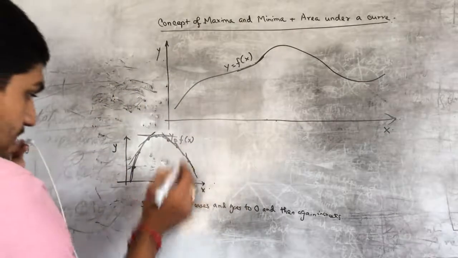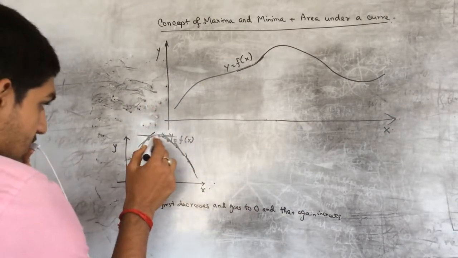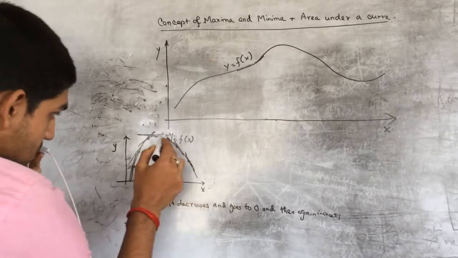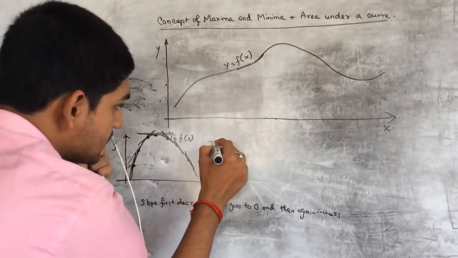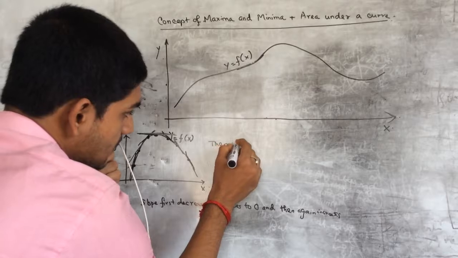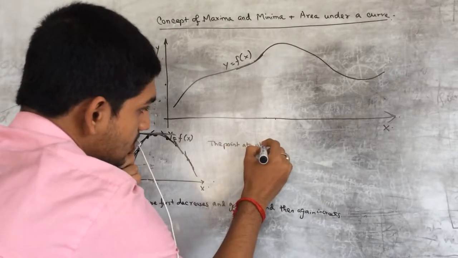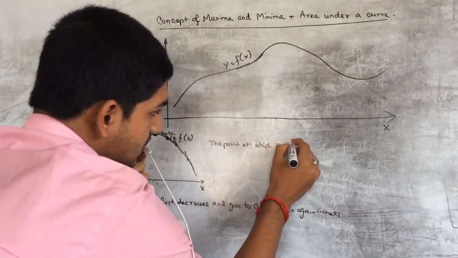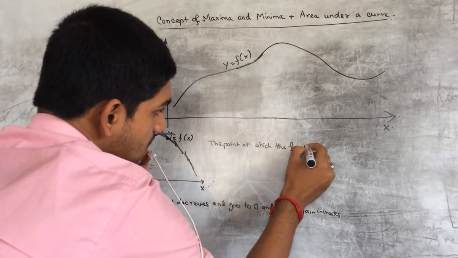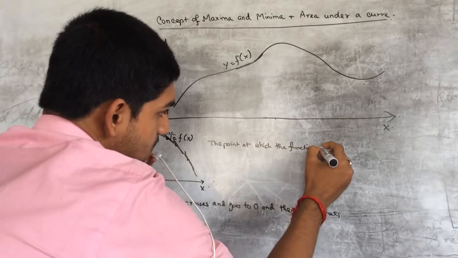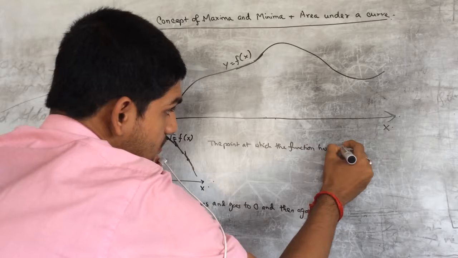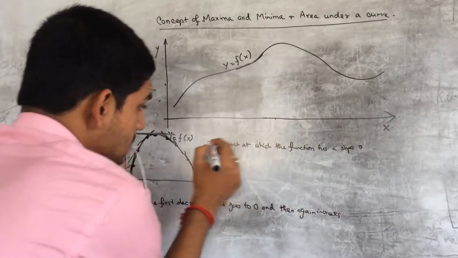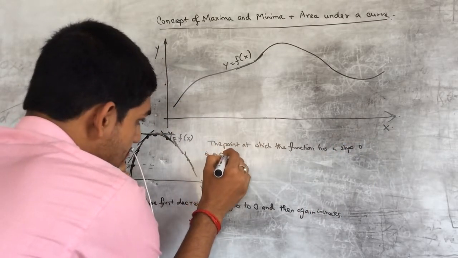So we see that for a particular point the slope becomes 0. So the point at which the function has a slope 0 is a critical point.